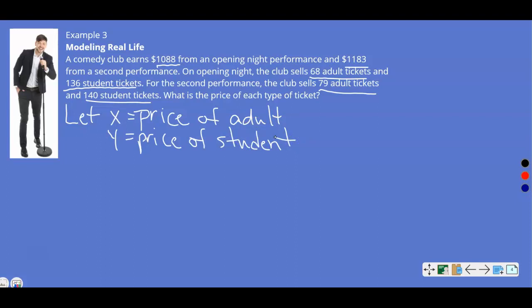So we know we have adult tickets and student tickets, and the question says what is the price of each? So we have to find x and y. All right, so let's write our equations.